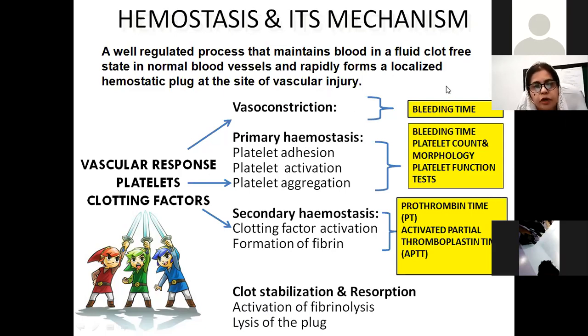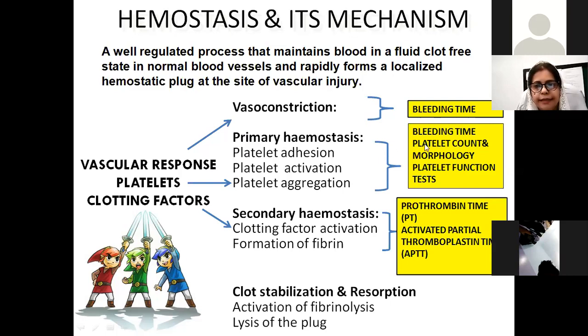In vitro, or outside the body, we can assess their function through different tests. For vasoconstriction or for vascular integrity, a rough idea can be obtained through bleeding time, which tells you the time which blood takes to clot. This is followed by platelets.